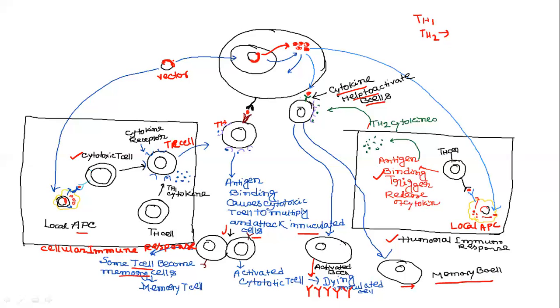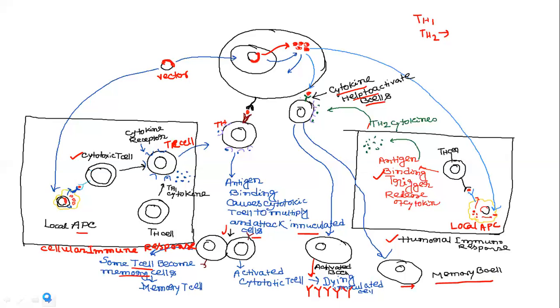The new vector construct will be made, and this engineered plasmid, or laboratory generated plasmid, will be injected into the host cell, and then host cells will produce the spike protein, and this spike protein acts as an antigen, and it will develop the immune response, and in that way the DNA vaccine works. But there is less chance of success of the DNA vaccine because of several reasons.